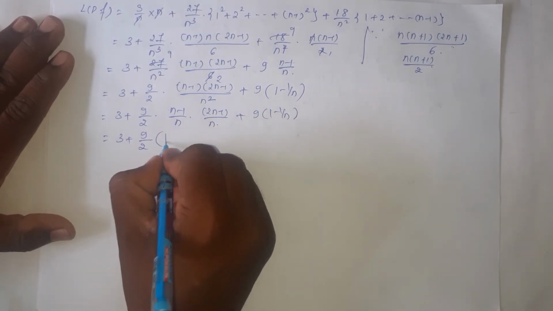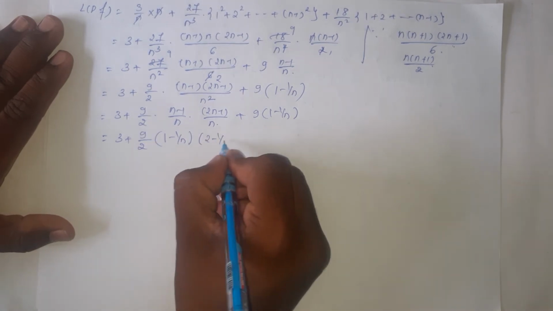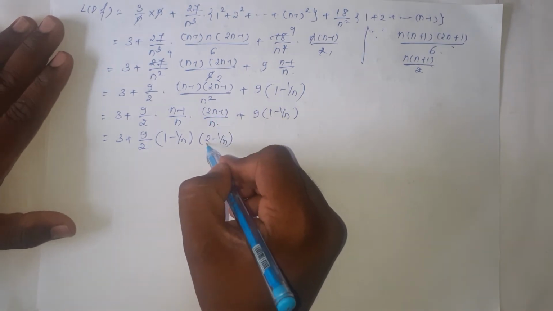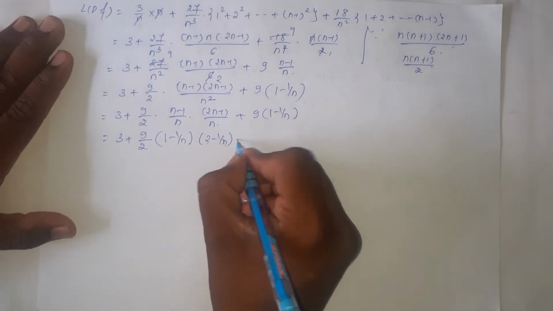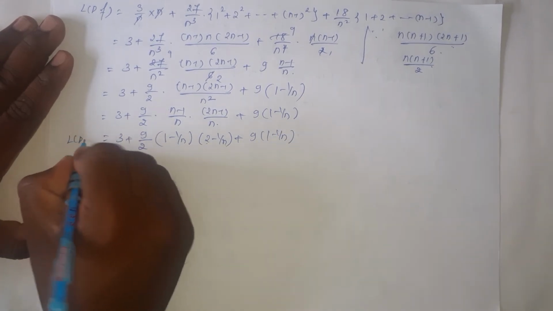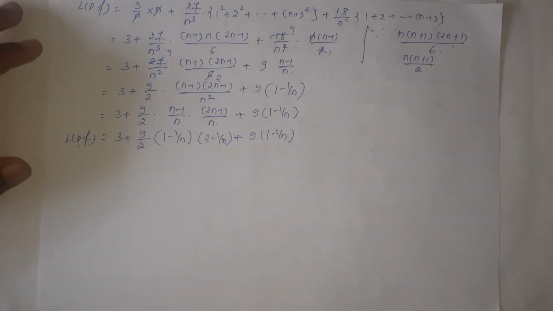Here also we can write this one as 1 minus 1 by n and this one as 2 minus 1 by n, dividing the 2n by n, that is 2, then 1 by n, plus 9 into 1 minus 1 by n. So, this is the LPF for the given function. Then similarly we can find UPF.